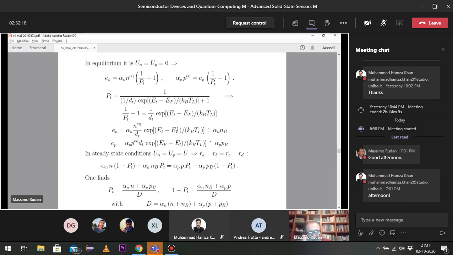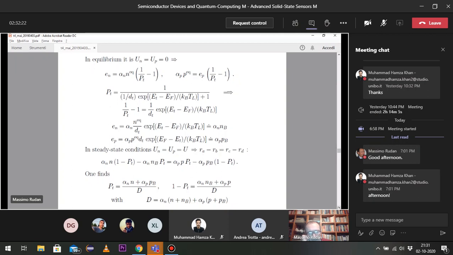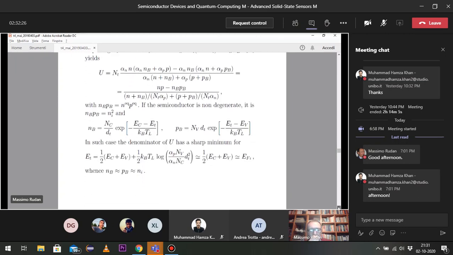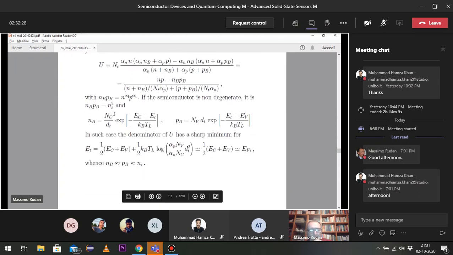So EF cancels here, and you are left with, in the non-degenerate case, NB is NC times the exponential divided by dt.